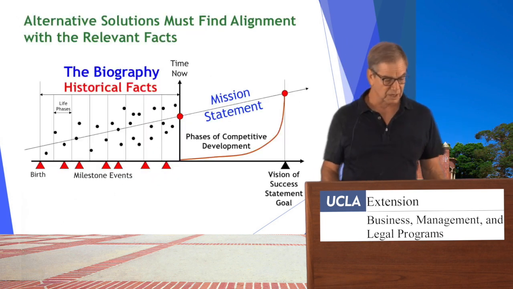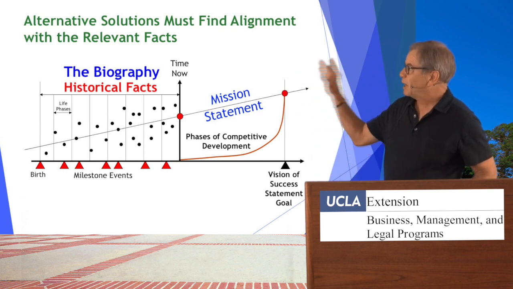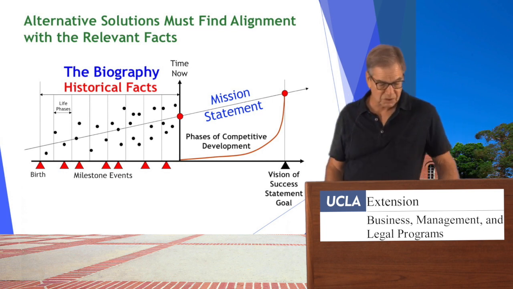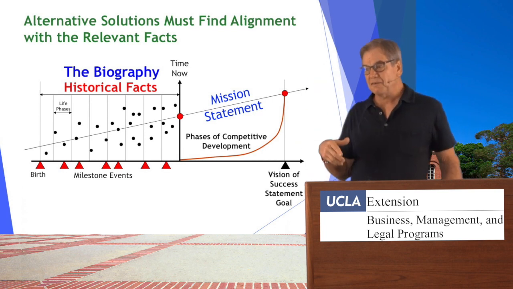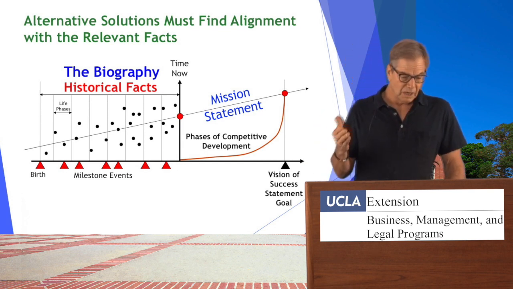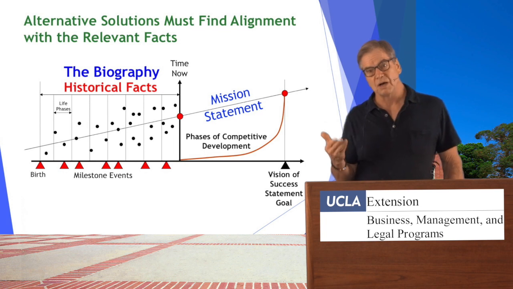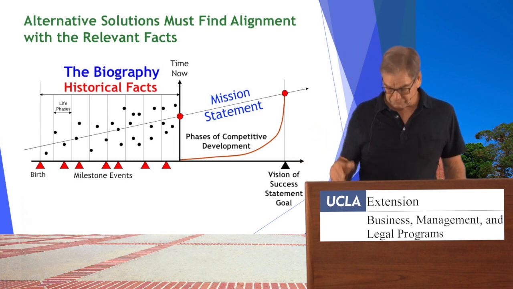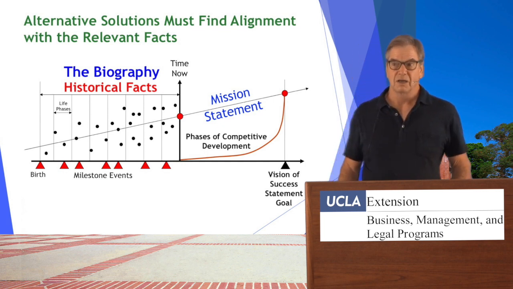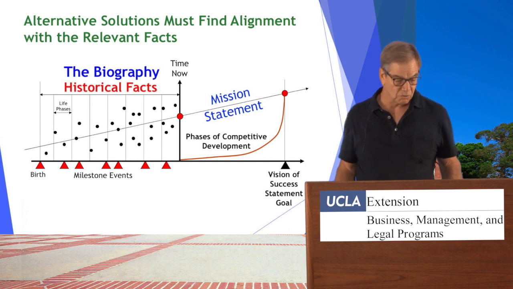And that's why I have this next slide here, that when we put the biography up here, the Myers-Briggs type indicator and the Strong's inventory and that kind of information, the relevant facts have to be able to be executable or achievable given what we know about the focal manager or your life. And so that's an important point, that any kind of idea or solution should be achievable or be supported by the story of your life or the focal manager's life.